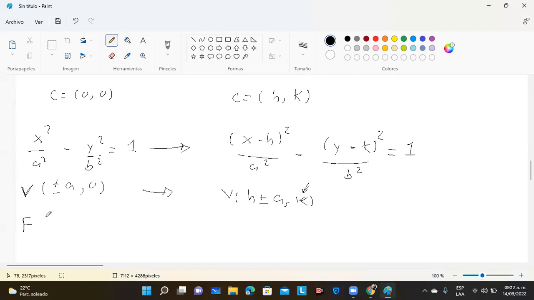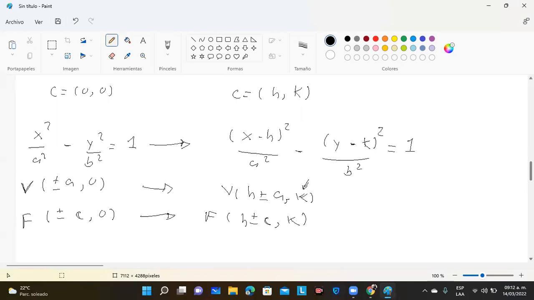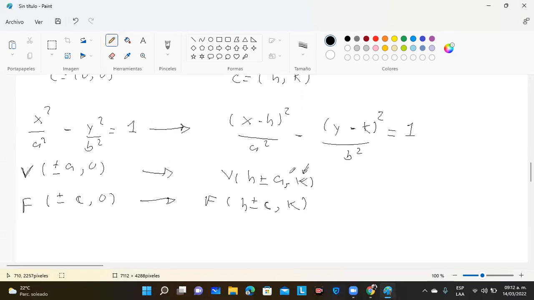The foci are going to be plus or minus c, comma 0. When it shifts, the foci are going to be h plus or minus c, comma k. Okay, so take a sheet of paper, please, and write these formulas, these equations, because they are going to help you a lot.